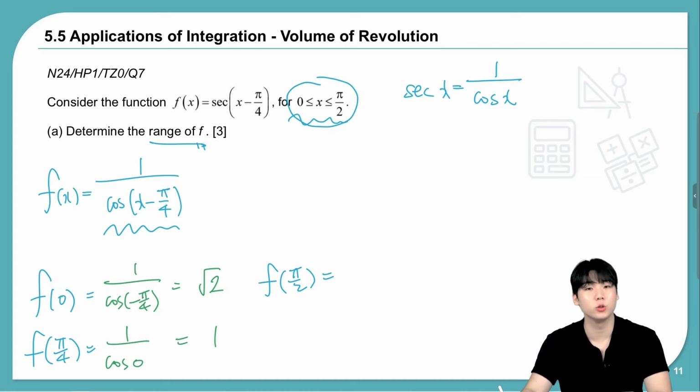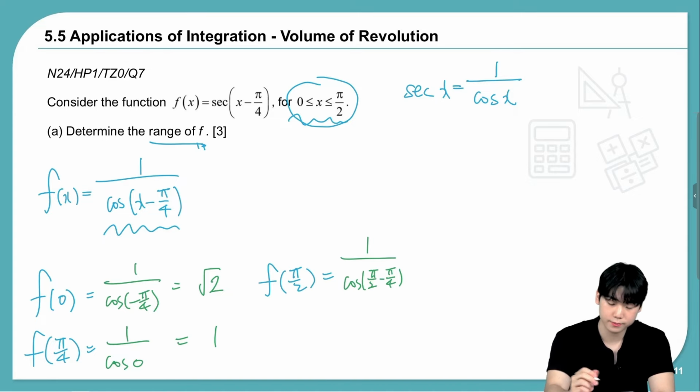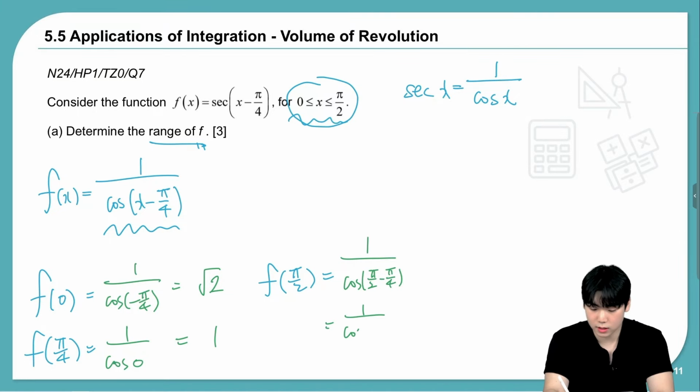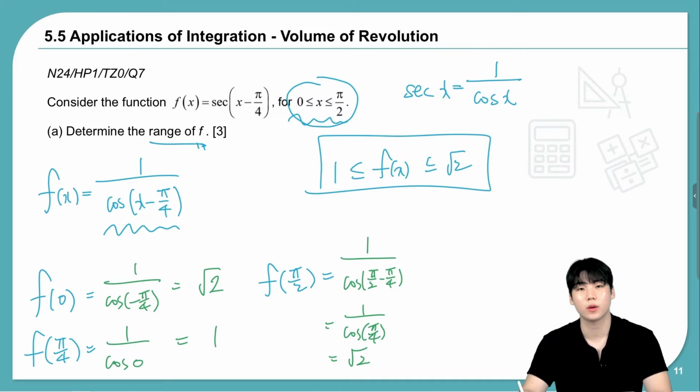And f of pi over 2 is 1 over cosine of pi over 2 minus pi over 4, which is 1 over cosine pi over 4, and that is just root 2 again. So it looks like it varies from 1 to root 2. That is our range. Okay.